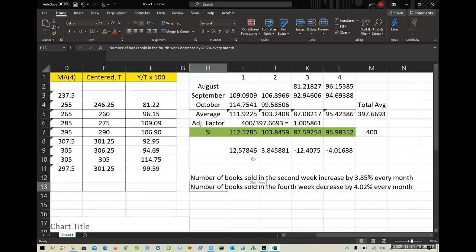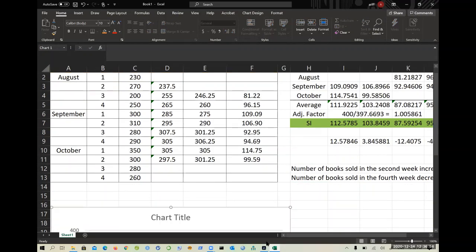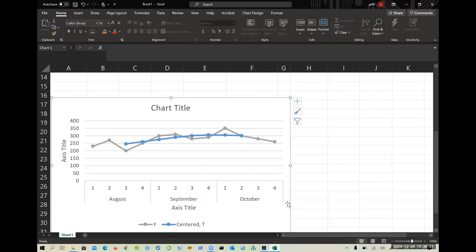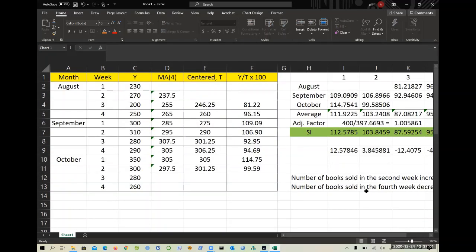So how do you get this value? Just take the amount of the seasonal index and compare with the index of 100. So that gives you the amount of increase and decrease. Okay, ini saya bawa ke bawah sikit lagi. Saya nampak yang ni pula.